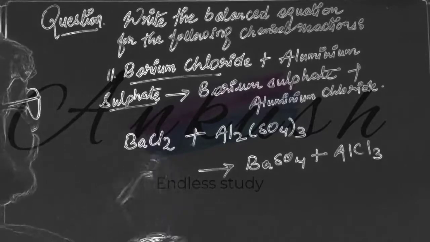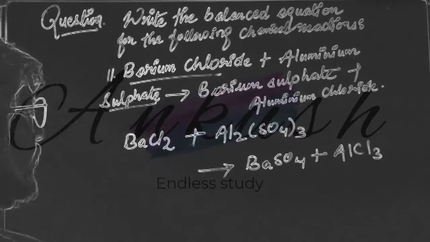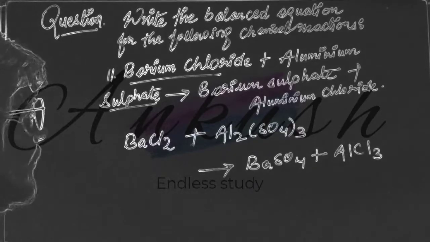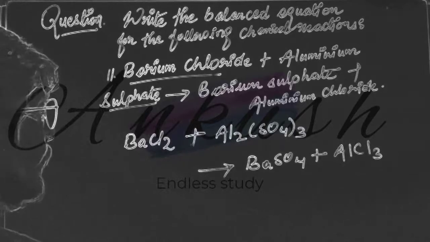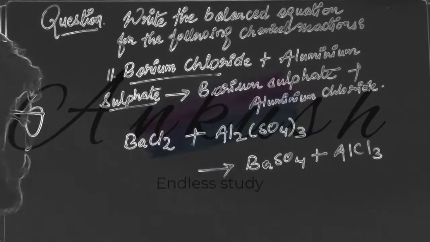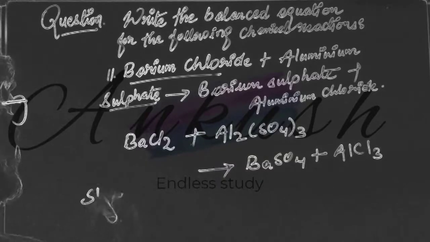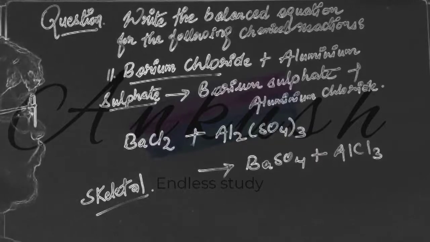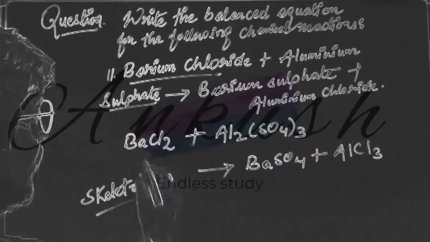How the chemical formulas are made, we have studied in our previous class, and if anybody has doubt, we can go through that in our next video maybe. So this is the reaction and it is a skeletal reaction. A skeletal reaction is that reaction which is unbalanced. So we have to make it balanced.